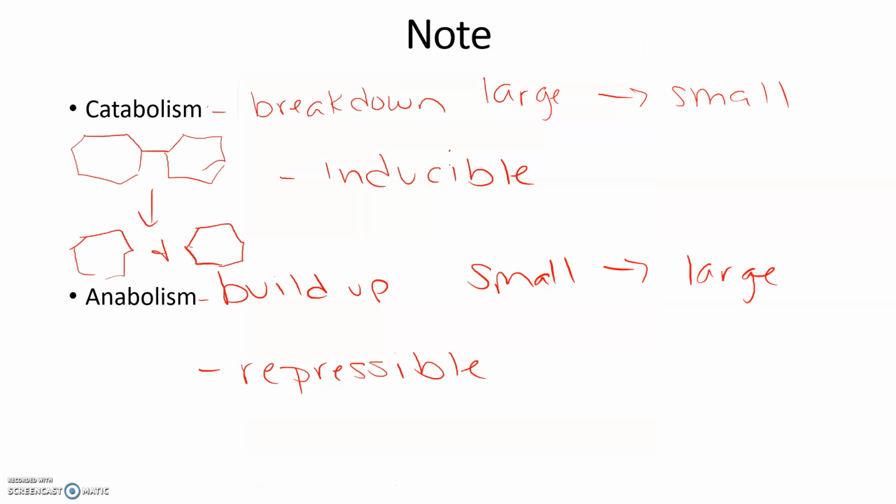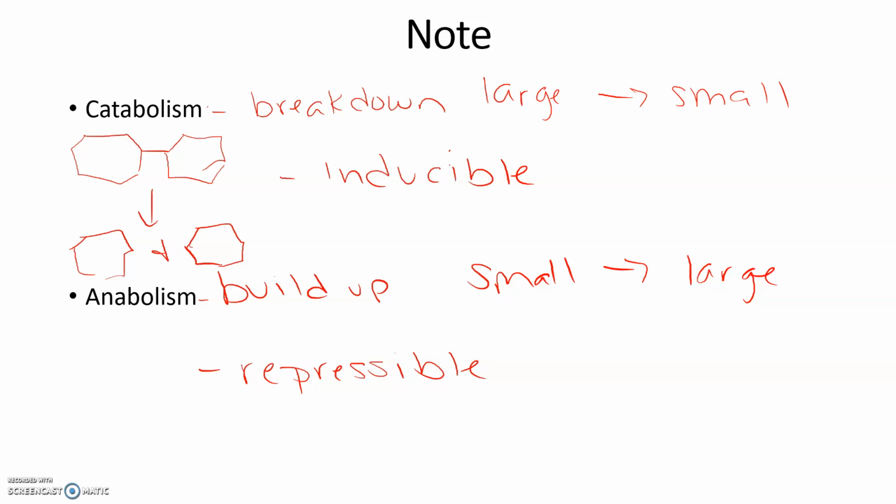I want you to note here the difference between catabolism and anabolism. This is something that you also should have learned in a previous class. Catabolism is the breakdown. We are taking a large molecule, breaking it down into the smaller subunits or the monomers. These tend to be inducible processes.